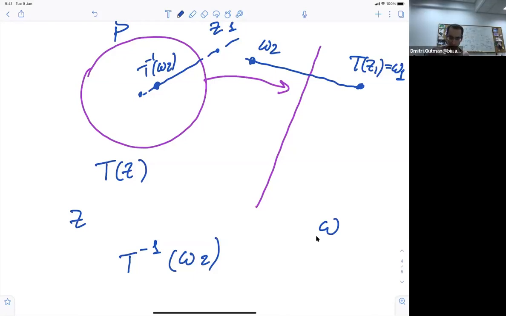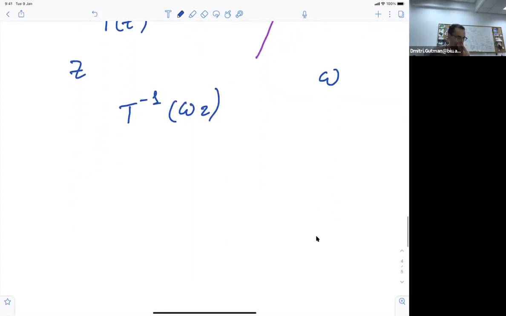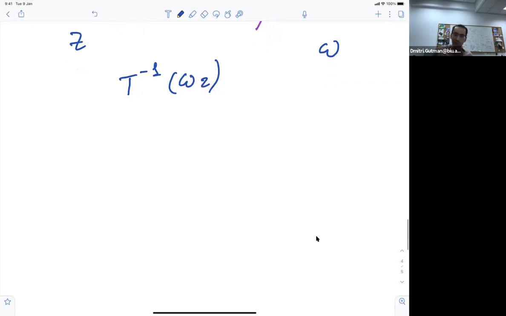Okay. So now what we're going to do, let's play with this definition a little bit. So we formally defined it, but now let's explore the geometric meaning of reflection with respect to a circle. And just to focus on something simple, let's focus on a unit circle. So let's discuss reflection with respect to the unit circle.